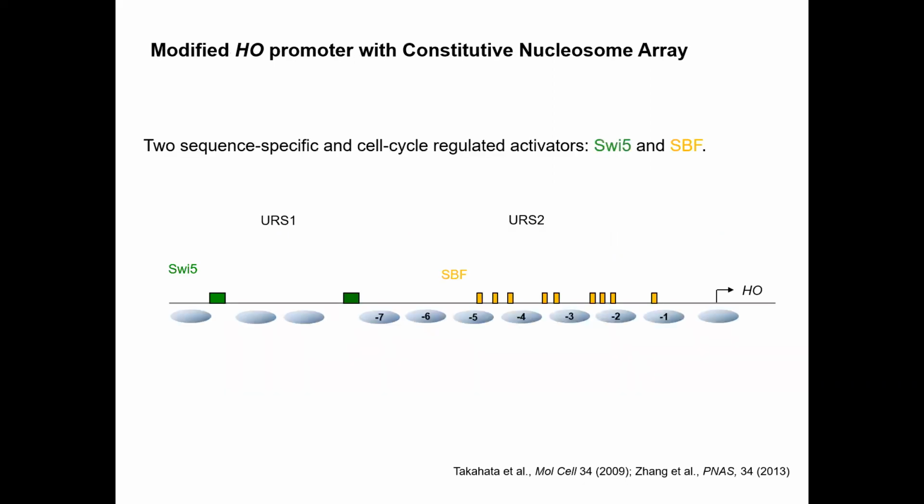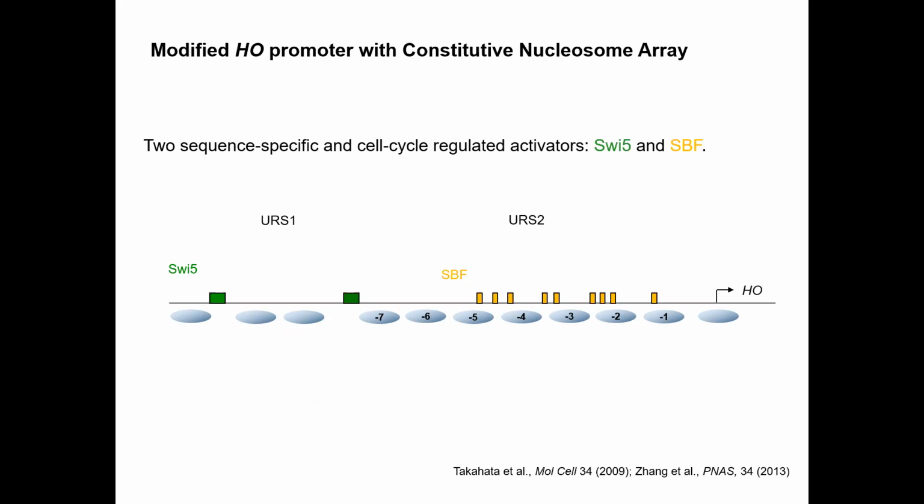Okay, so for our high throughput pioneer factor study, we started off with this yeast promoter called the HO promoter. This promoter is a little bit unusual in that it is activated by two activators, SWI5 and SBF, and both of them are cell cycle regulated. I showed you before that most yeast promoters are nucleosome free, right?